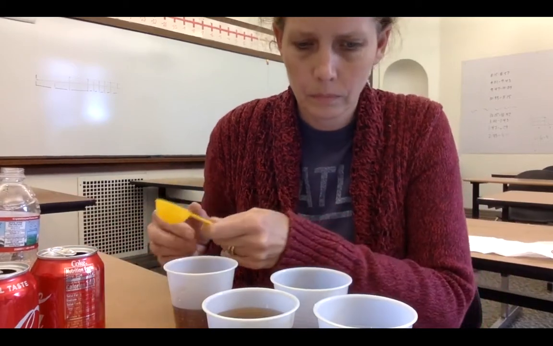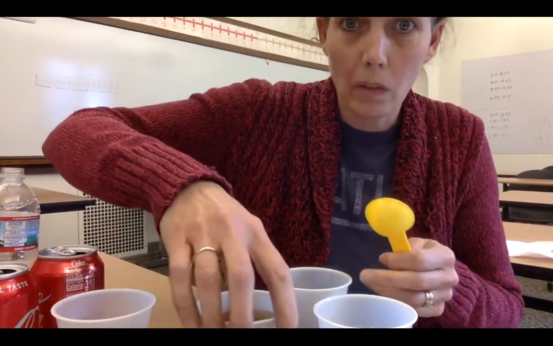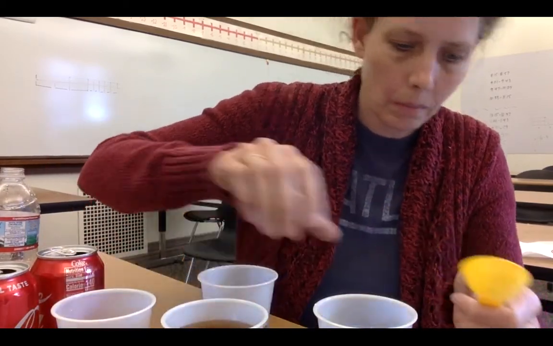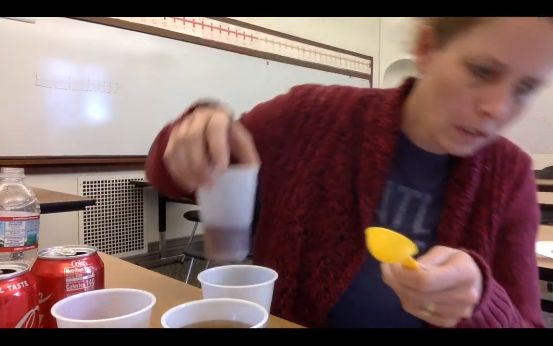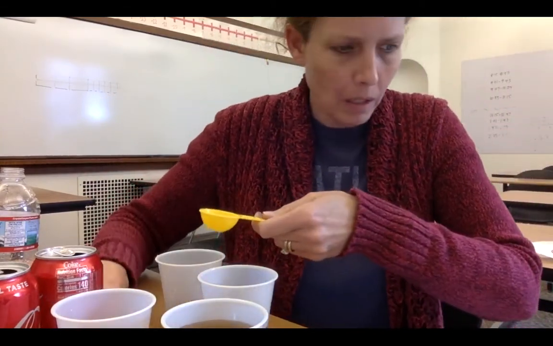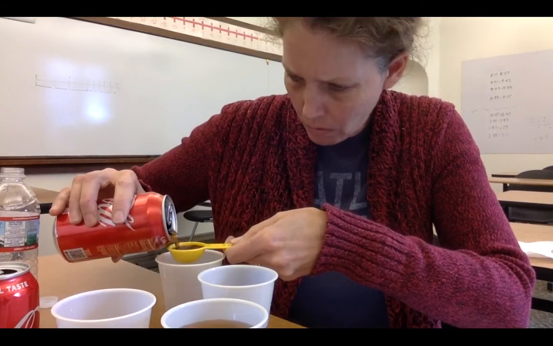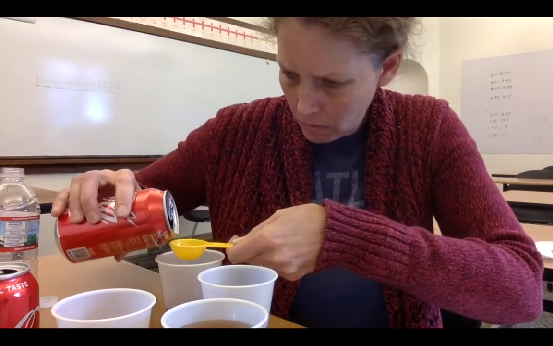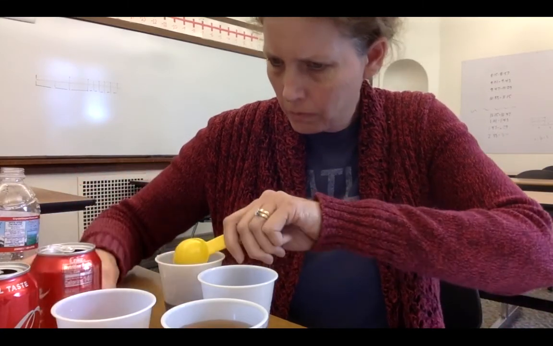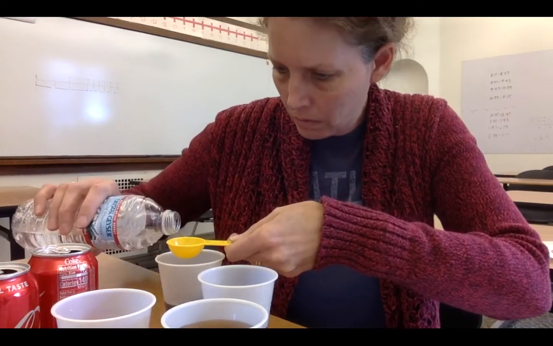I think I'm going to give Steve a little bit more of recipe A, so I'm going to add a little more, which was 2 cups of Coke and 3 cups of water.